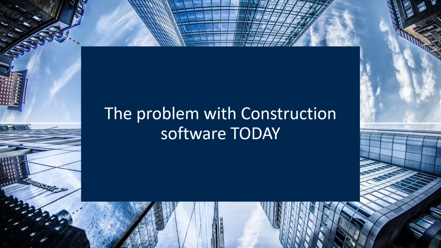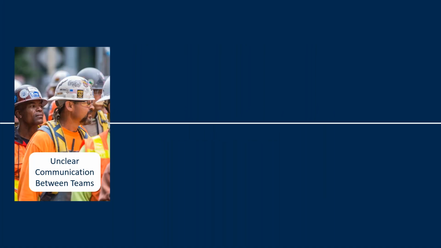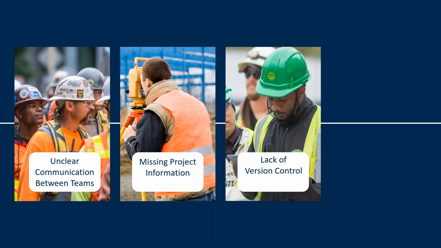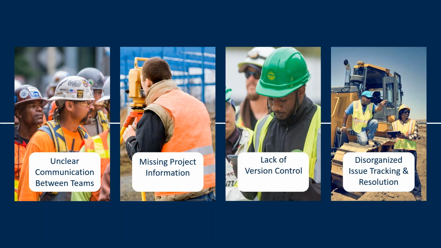Now going into our presentation, just looking at some common issues within construction software today. Unclear communication between teams, missing project information, a lack of version control, and also a disorganized issue tracking and resolution.